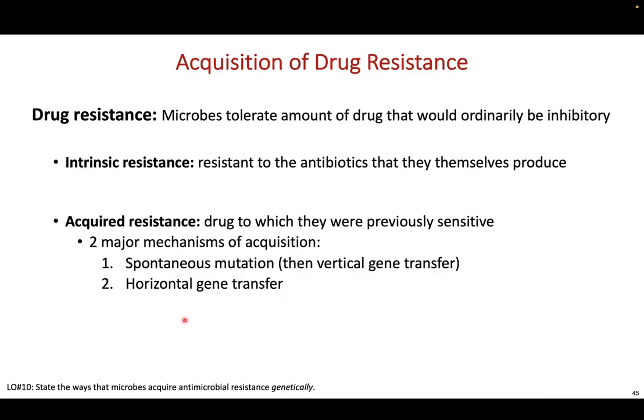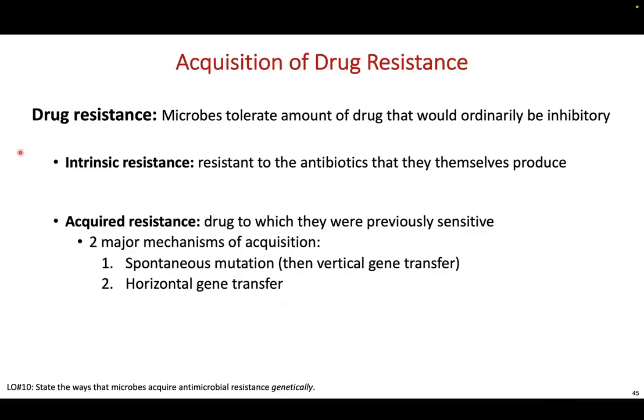The bacteria that is producing the penicillin is itself resistant to penicillin. So the penicillin being produced wouldn't kill itself, but it will kill any other bacteria in the environment. That is what we describe as intrinsic resistance.